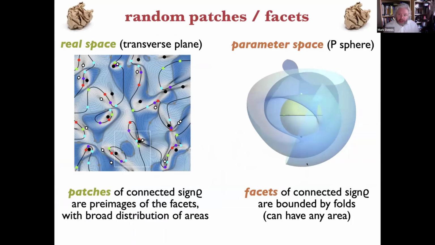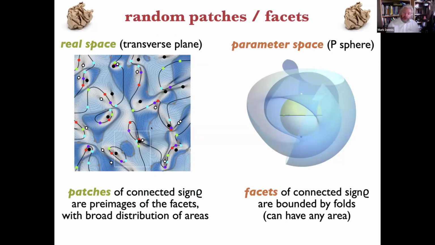As I said, this is a plane to a sphere, where what I'm thinking about now is that these folds, if they enclose an area here, this is what we call a facet. So there's a facet enclosed by these fold lines.